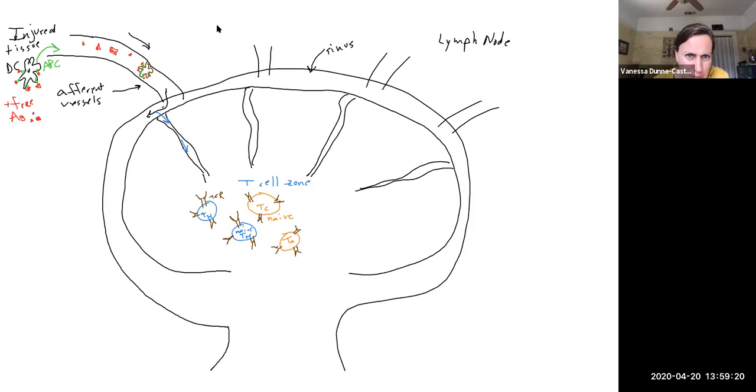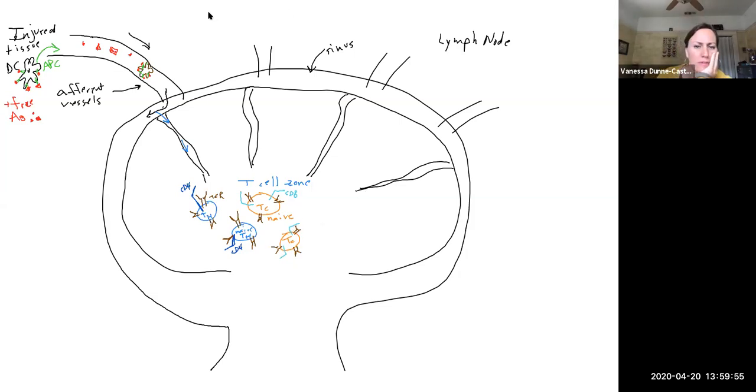And then we have our co-receptors. So let's draw our CD4 co-receptor here on these naive T helper cells, right? CD4. And for our cytotoxic T cells, we have CD8 co-receptor here. Okay, CD8 and CD4 co-receptors.